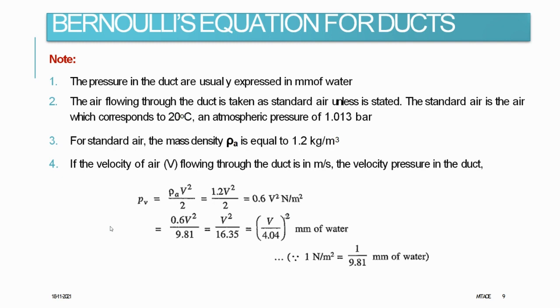So if we have the velocity of air inside the duct, we can calculate the velocity pressure or dynamic pressure inside the duct in mm of water as well as in Newton per meter square. In mm of water, we can calculate with the help of the formula (V upon 4.04) whole square, and in Newton per meter square as 0.6 into velocity square.